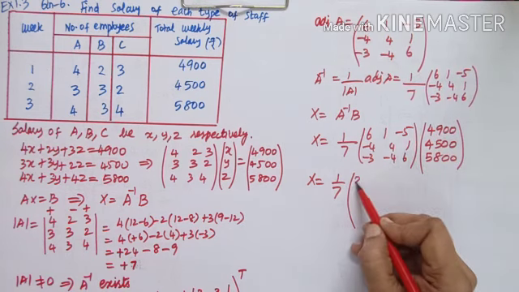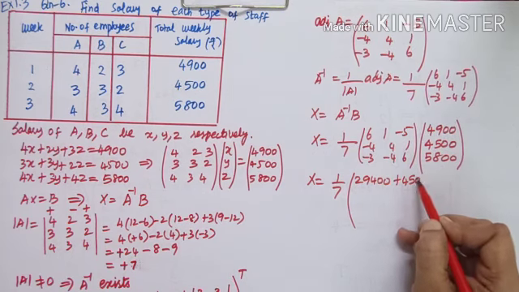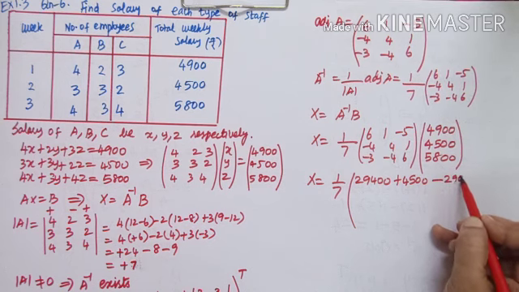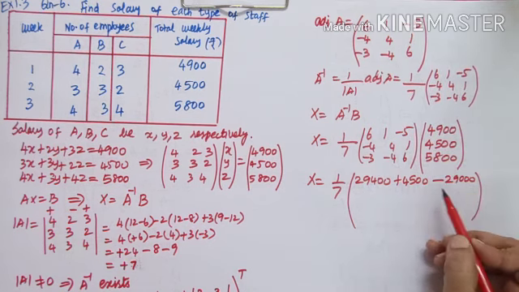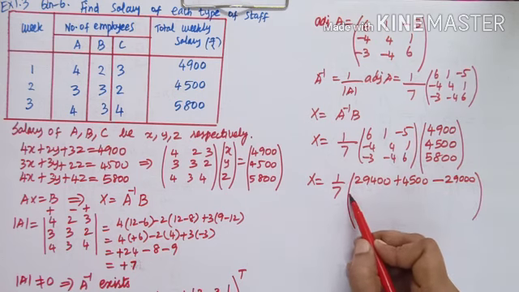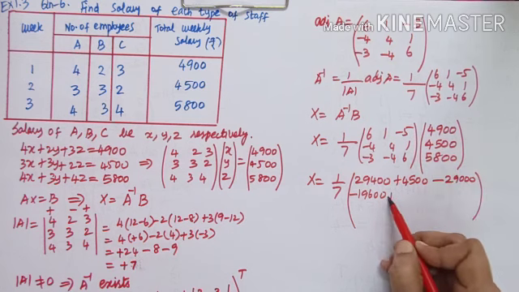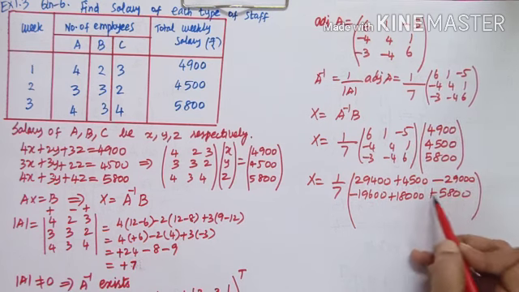4,900. It is 29,400. 1 into 4,500 minus 5 into 5,800. Second row by first column, minus 4 into 4,900 plus 4 into 4,500 plus 1 into 5,800.